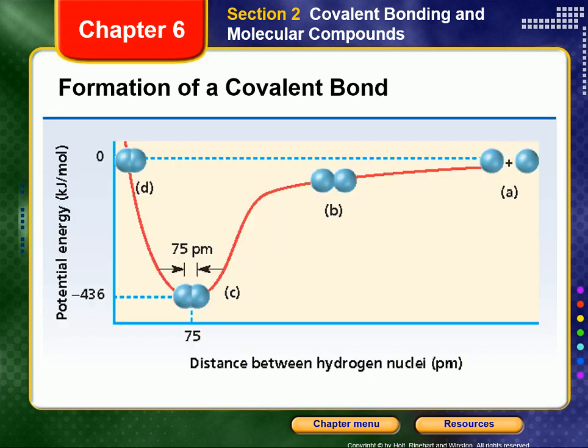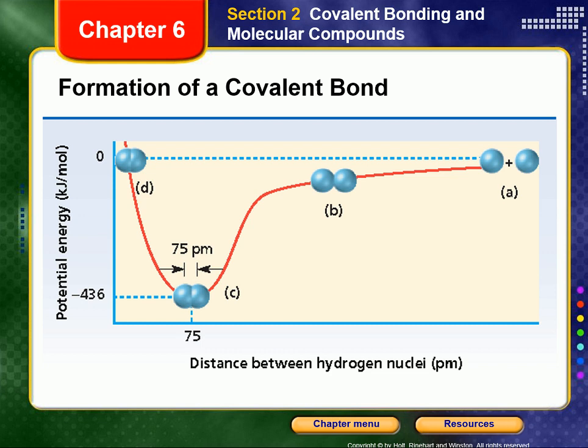The relative strength of attraction and repulsion between the charged particles depends on the distance separating the atoms. When the atoms first see each other, so to speak, the electron-proton attraction is stronger than the electron-electron and proton-proton repulsions.